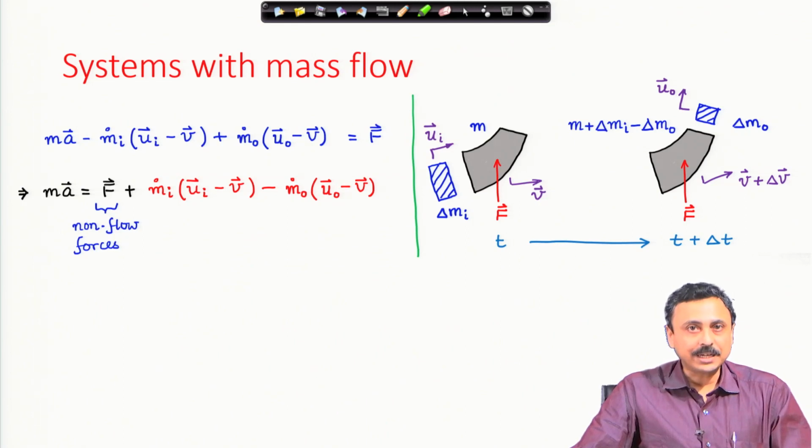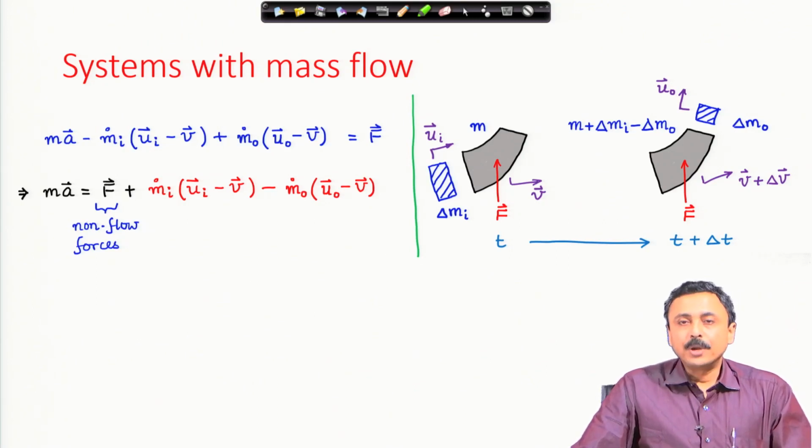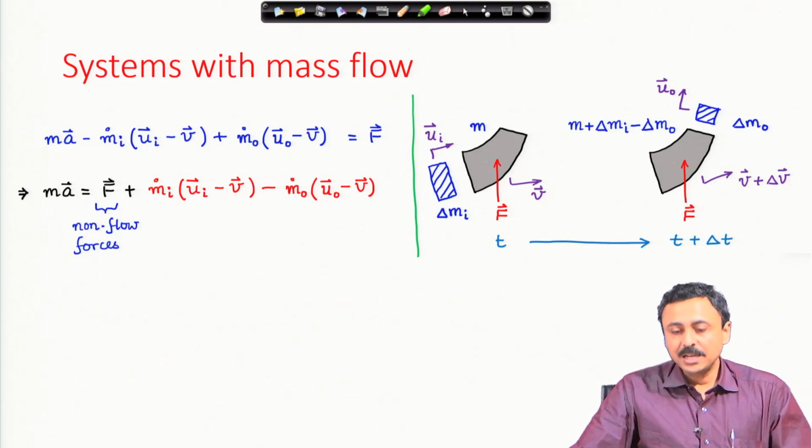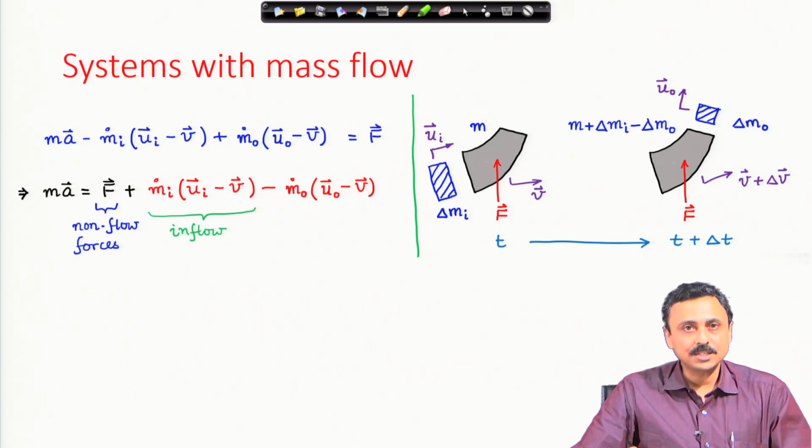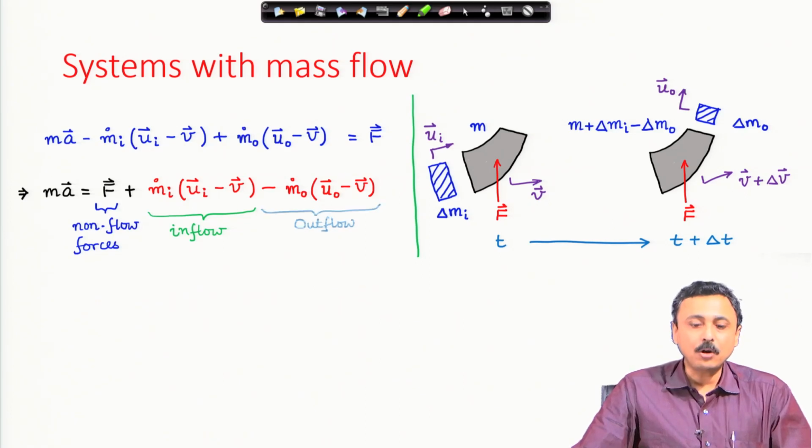The force vector F is the non-impulsive, external forces which are applied on the system. These are non-flow forces, but because of the flow, the incoming mass and outgoing mass, we have a force on the system because of inflow and a force because of the outgoing mass.